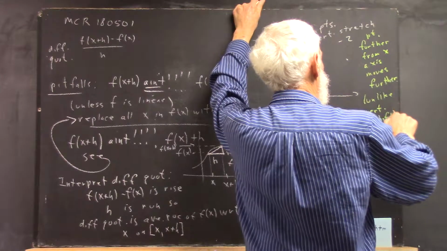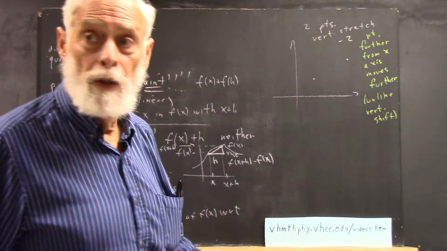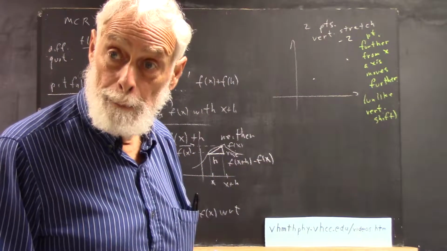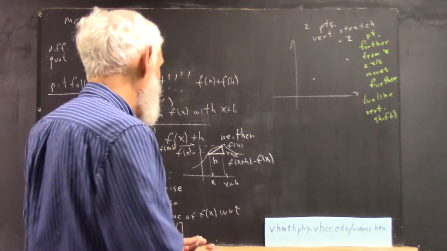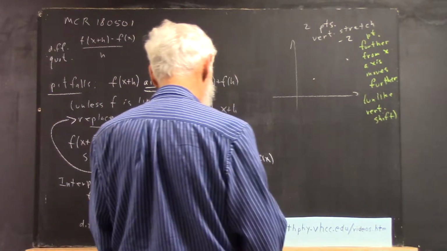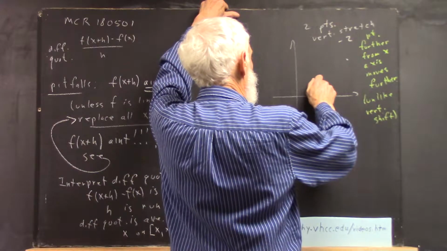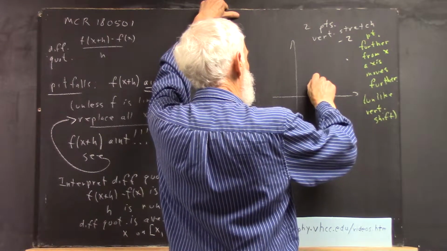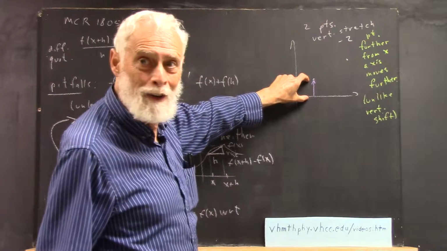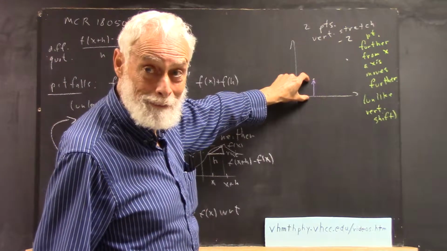Unlike the case for vertical shift, where every point moves through the same displacement. Okay? So if we do arrows, okay, this arrow represents how far you are from the x-axis, right?